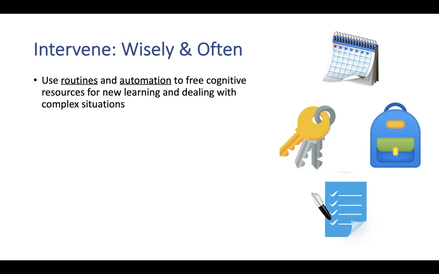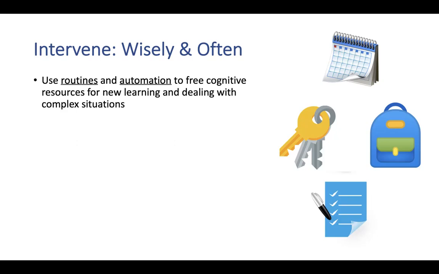Remember when you learned to drive? If you do, it took a lot of concentration. You're thinking about where your feet are, where your hands are, what you're looking at and all these rules. And now, as an adult, I can drive through Los Angeles and think, how did I get here? I have automated so many of these processes.